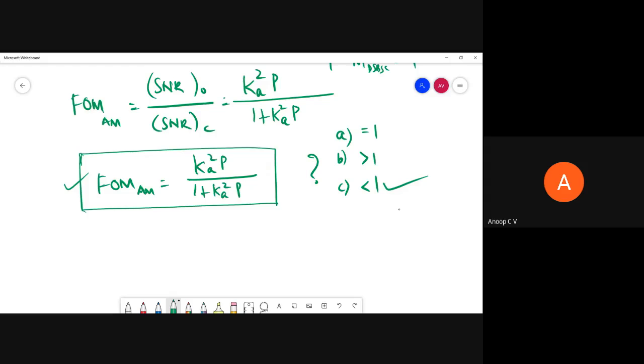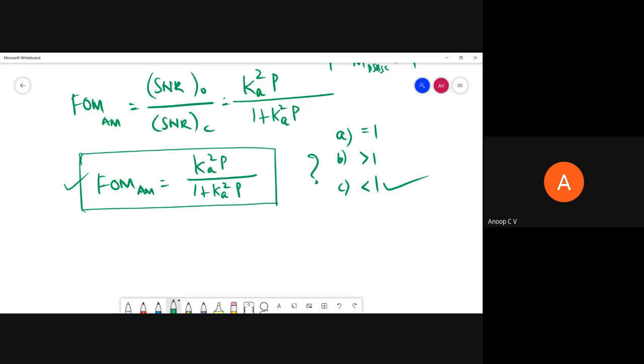Standard AM is always bad compared to DSBSC because of the wastage of transmitted power, as the carrier is not suppressed. So wherever your aim is only simplicity of the transmitter and receiver, you can go for standard AM. But if you are particular about noise performance, you will have to go for DSBSC.